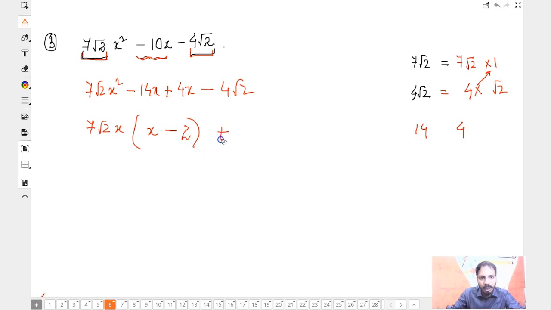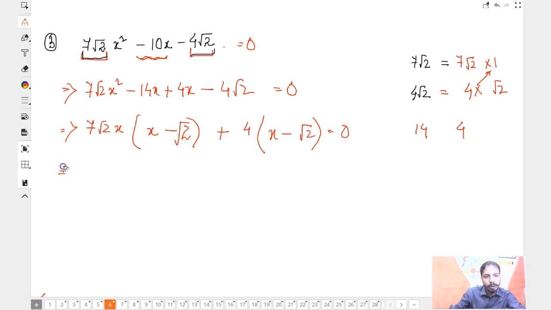And here, if I take 4 common, here I will get root 2. And here if I take 4 common, I will get x minus root 2, right? Okay. And let's say this is equal to 0 so that I can find out the zeros of this. So now I will take x minus root 2 here and 7 root 2x plus 4, right? That is equal to 0.